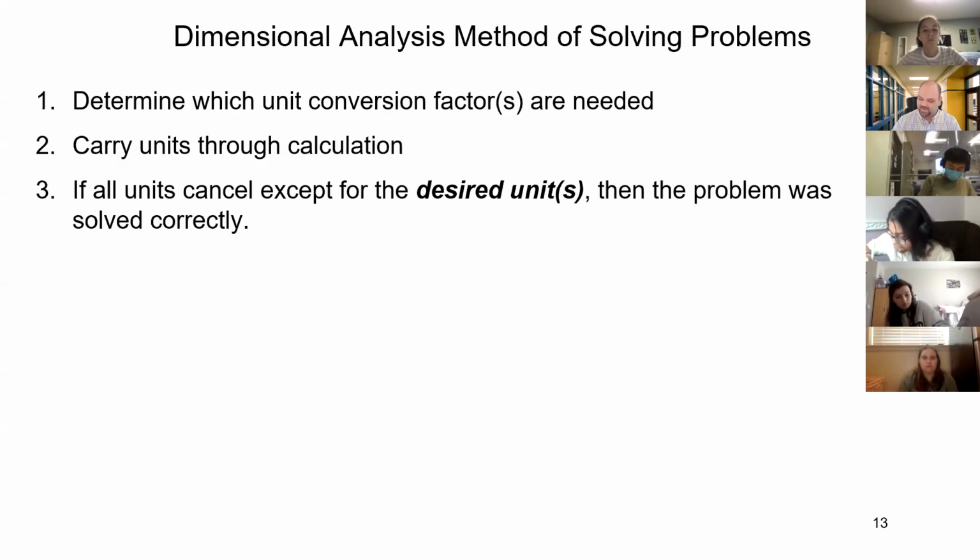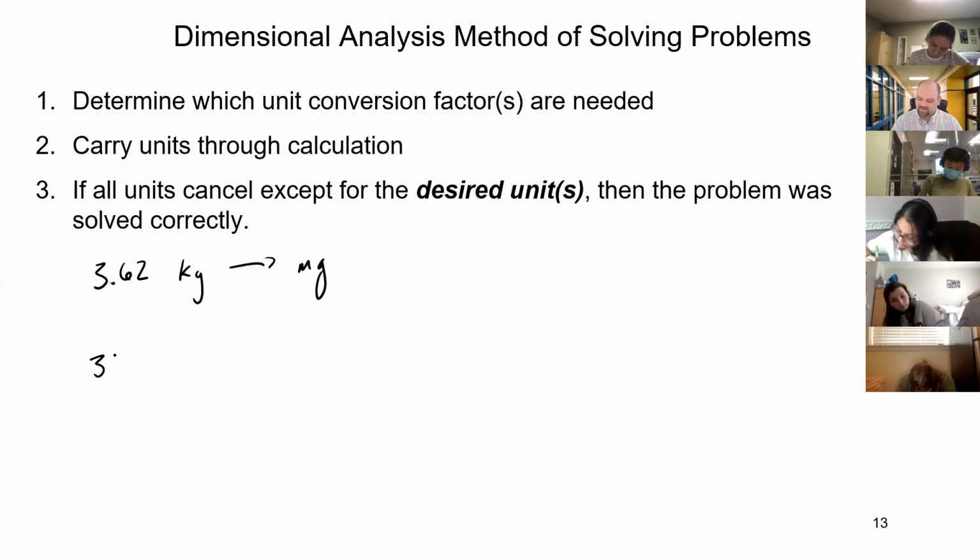So let's say that we want to convert 3.62 kilograms into milligrams. We start with our conversion factor.